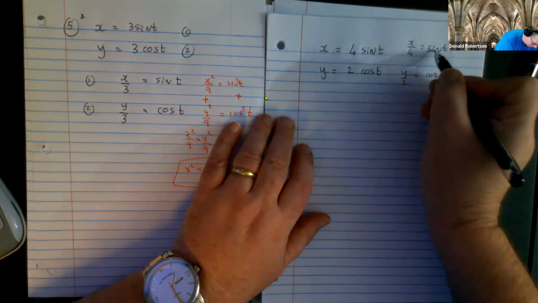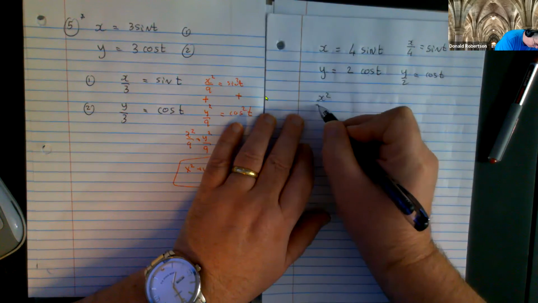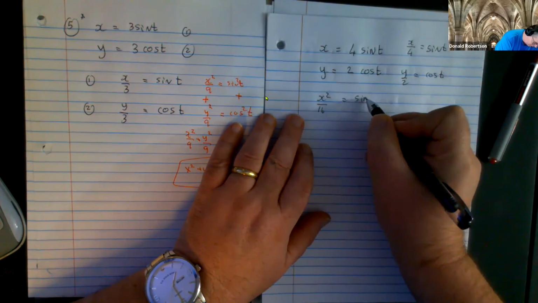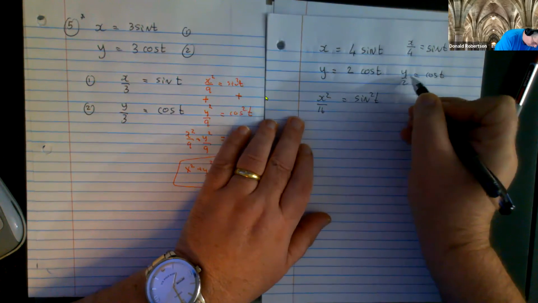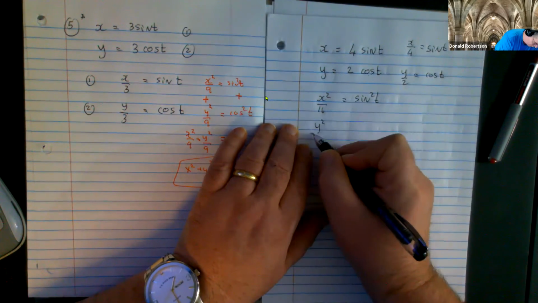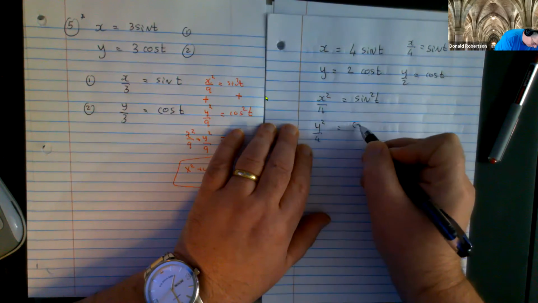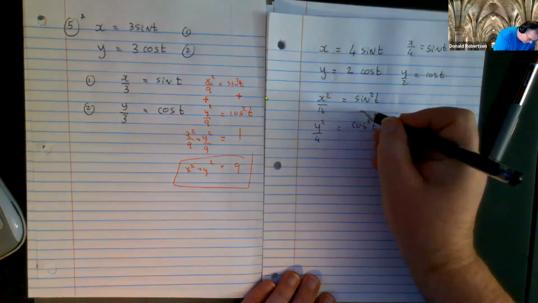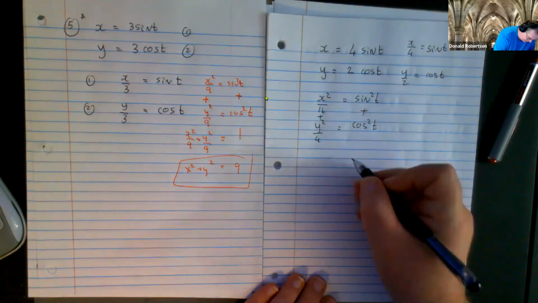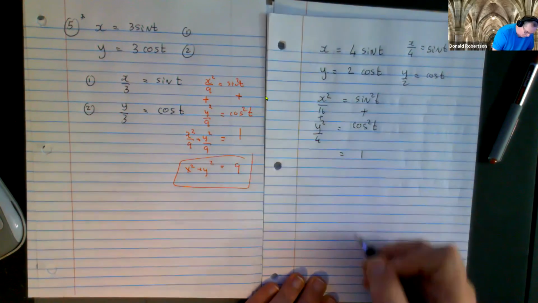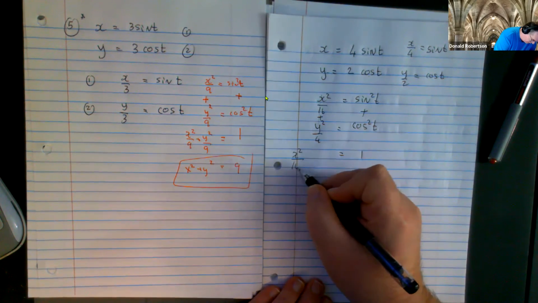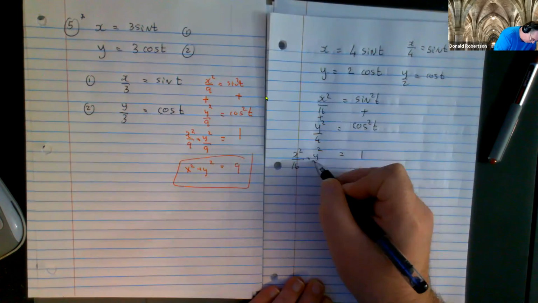If I square both sides, I get x squared over 16, and that one is sine squared. And if I square both sides, I get y squared over 4, and I have a cos squared. And now I can add them together. On the right-hand side, you get 1. And over here, you get x squared over 16 plus y squared over 4.